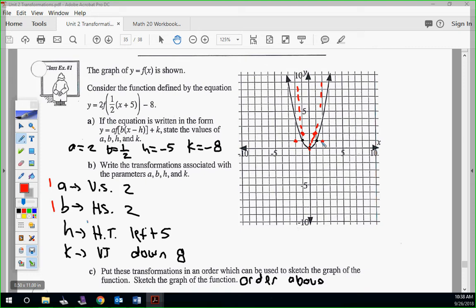We're stretching the new point here. If it's here, it's going to be there now.